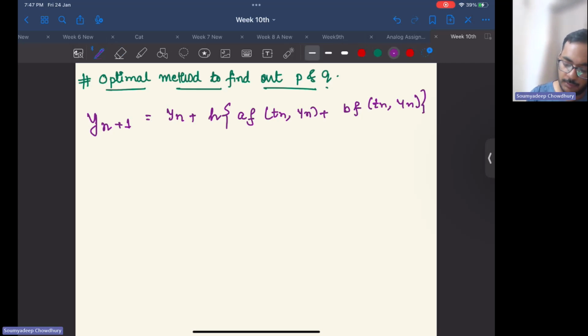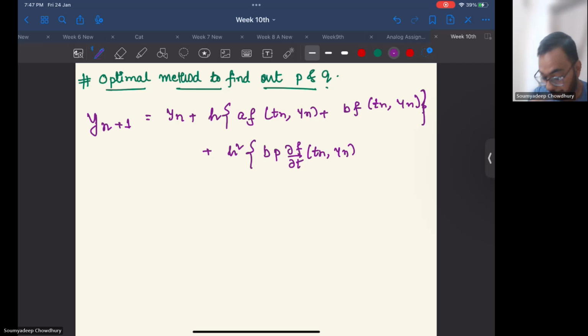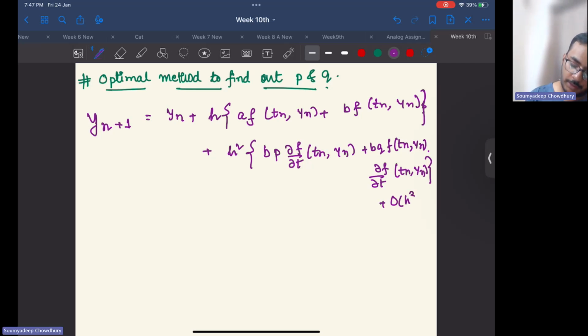Just this one, plus h square... bp plus bqf, dou f by dou t... net. Plus we'll have a third order error.